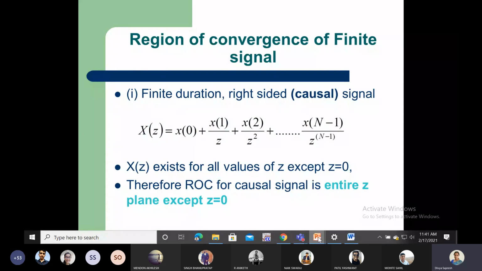Then after expanding the signal in terms of the series, that is in terms of Z, we tried to obtain the region of convergence, that is for which values of Z we can obtain the Z transform. So we found out for that finite right-sided signal, the entire Z plane values can be obtained. The Z transform for the signal can be obtained except at origin.